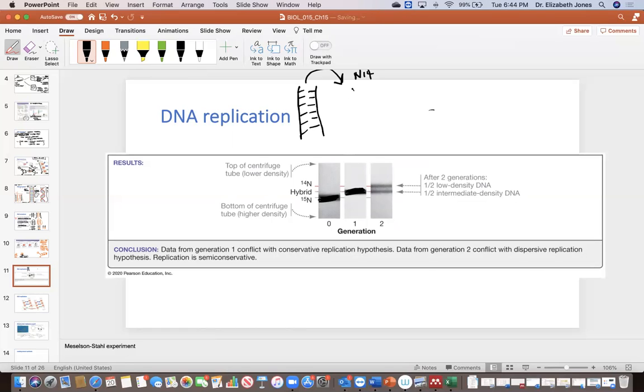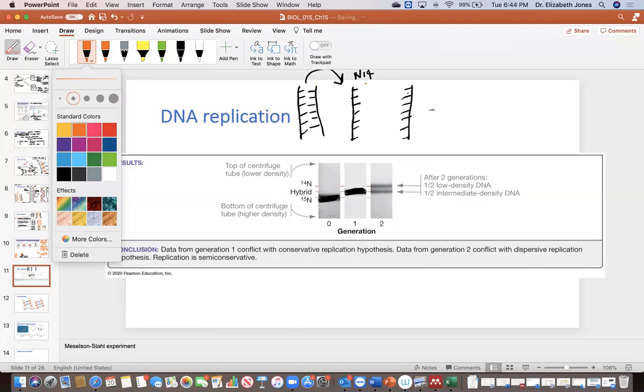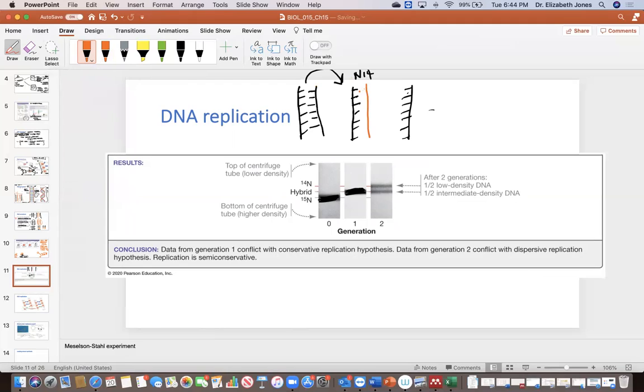Well, if semi-conservative replication is true, then what happens is you have one heavy strand of DNA, like that, and like that. And then after you've replicated it, you're also going to end up with a light strand of DNA.